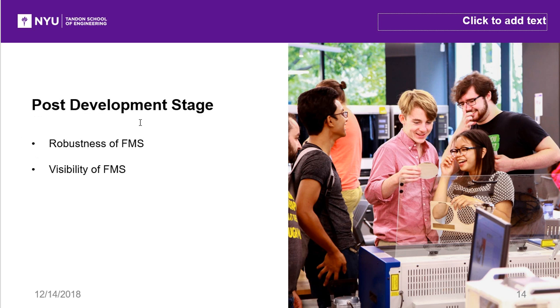Okay, the next one we are going to talk about is the post-development stage. First of all, the robustness of the flight management system. When an emergency occurs, the flight management system can give the pilot an easier way to solve the emergency.